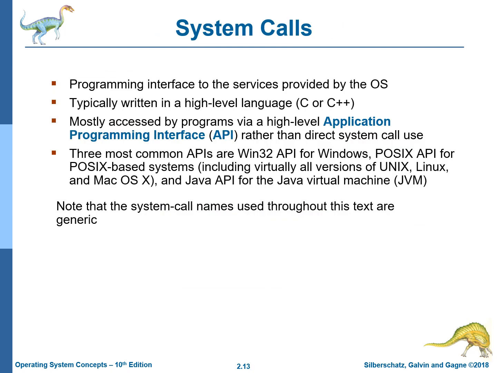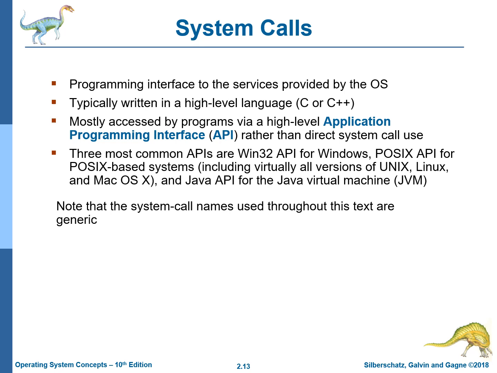System calls. A programming interface to the services provided by the operating system. It's typically written in a high-level language like C or C++, and it's mostly accessed by programs via a high-level application programming interface rather than direct system call use.